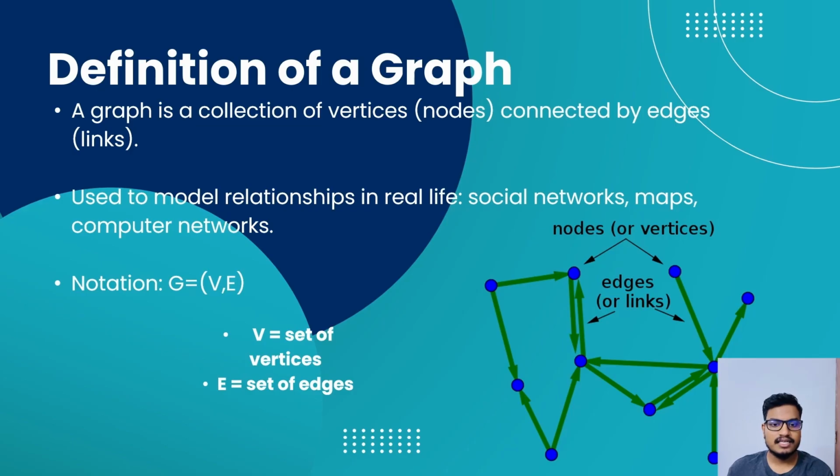Mathematically, we write a graph as G equals (V, E), where V is the set of vertices and E is the set of edges. This simple structure opens the door to solving a huge variety of problems.